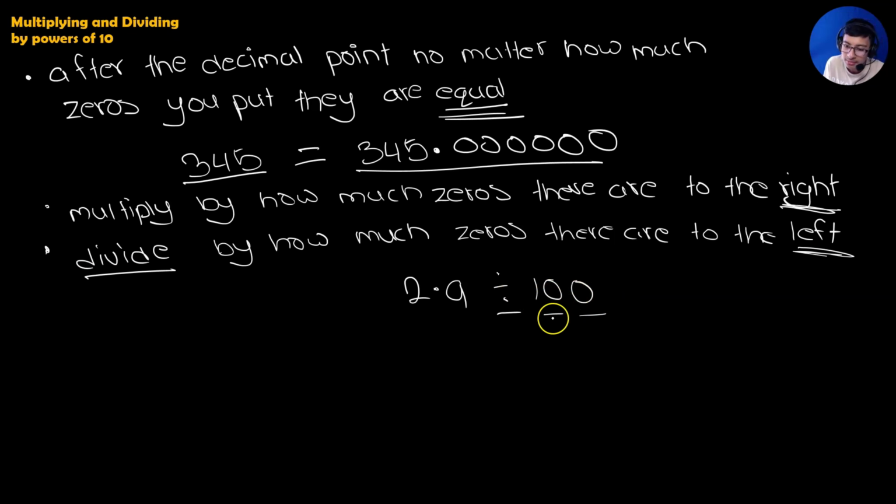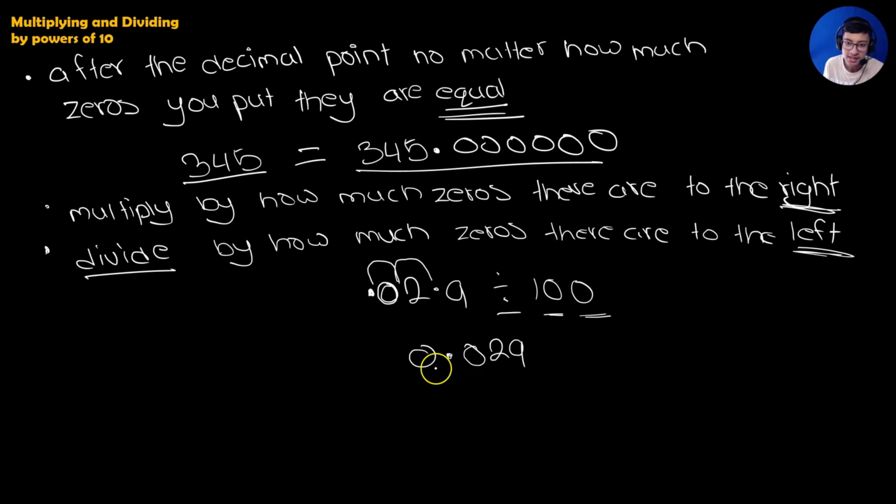By 2 times, because there are 2 zeros in 100. So let's move it 2 times to the left. Once, twice, so 0, and our decimal point would go here. So our answer would become 0.029.